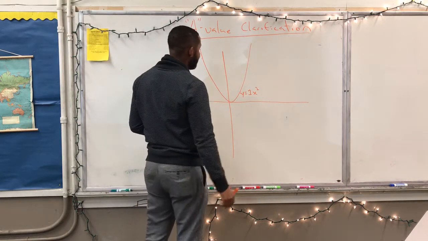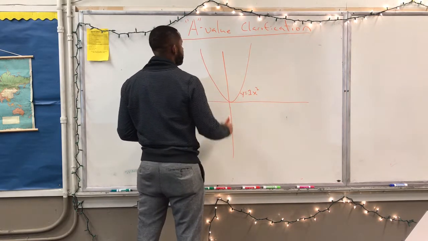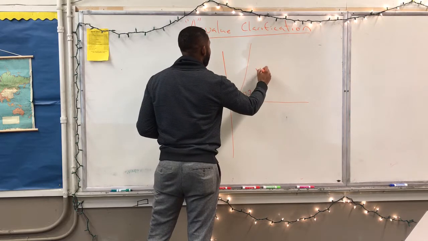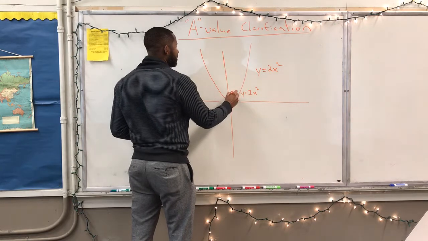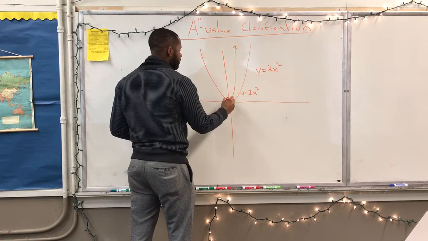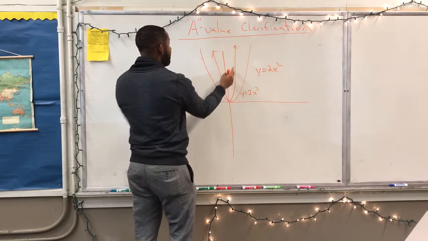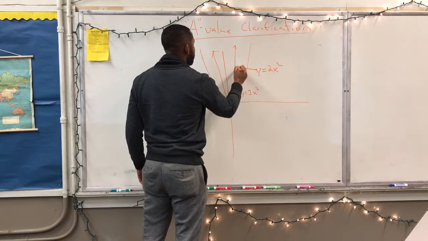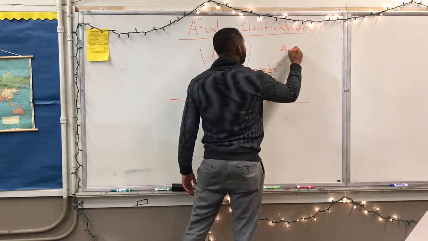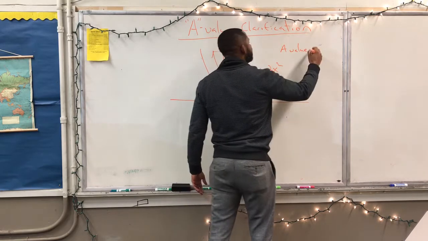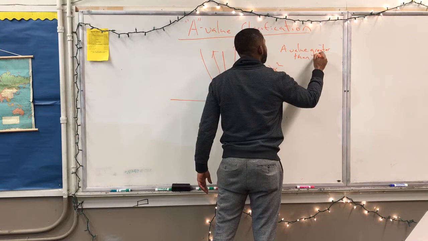But if I change this a value, so if I say y equals 2x squared, that a value makes this thing grow faster, okay? So it's ultimately thinner because it's going up faster. So this would be y equals 2x squared, because the a value is greater than 1.